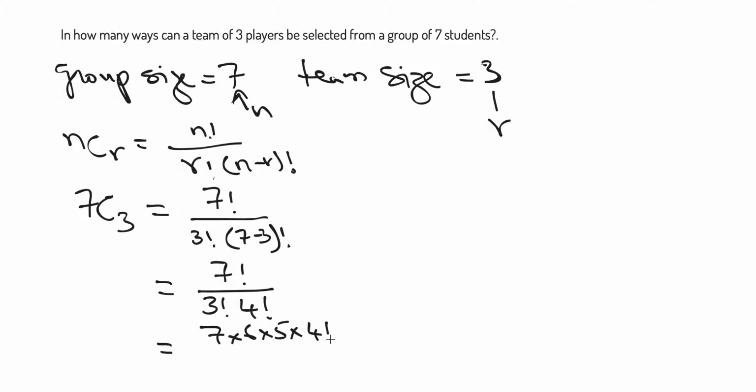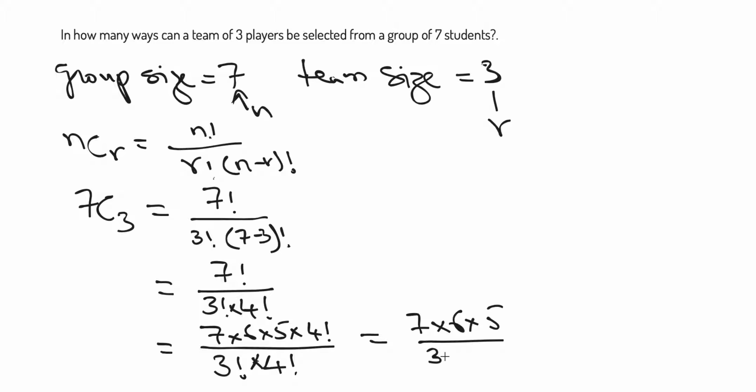I will stop here because I see a 4 in my denominator, and I say 4 factorial there, 3 factorial here, and there is a multiplication in between them. This gives me 7 times 6 times 5, and 3 factorial is 3 times 2 times 1, and this is what I am crossing out.